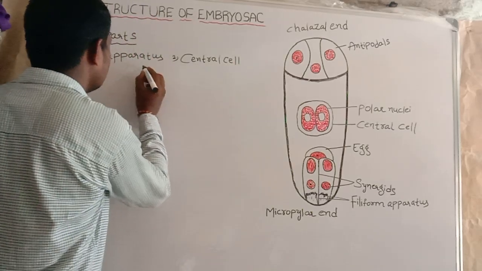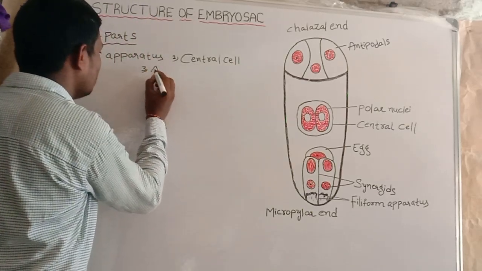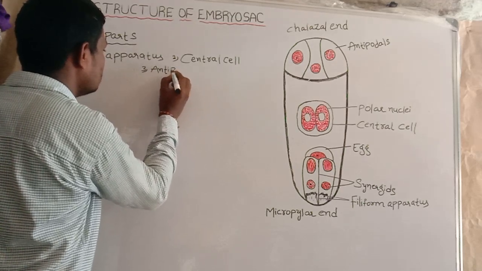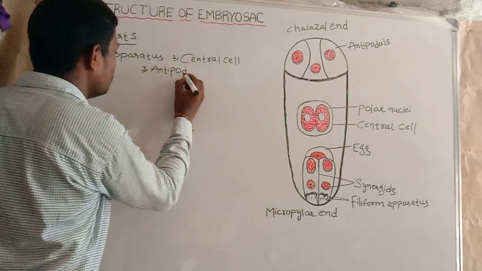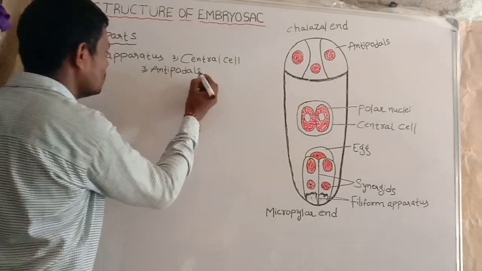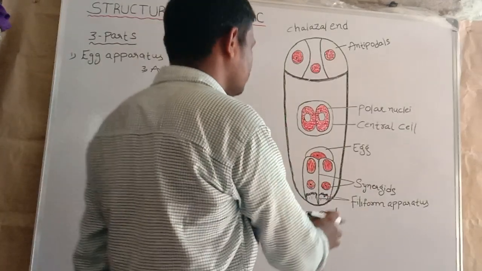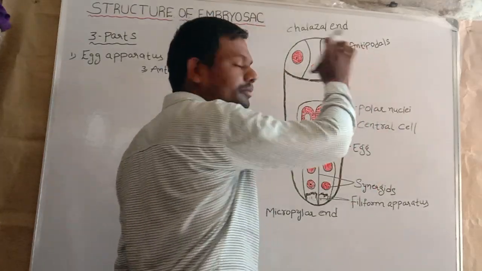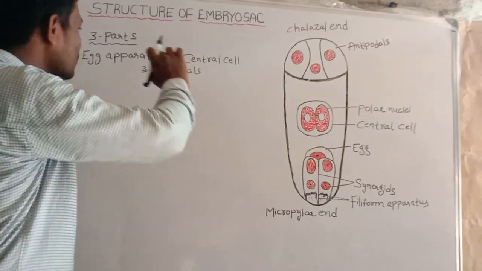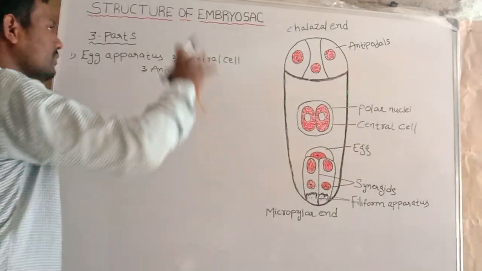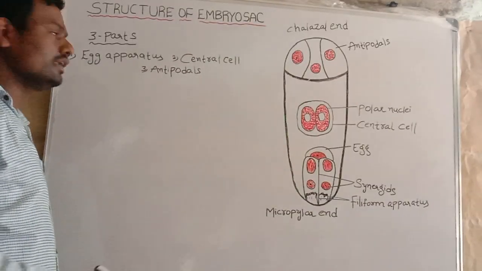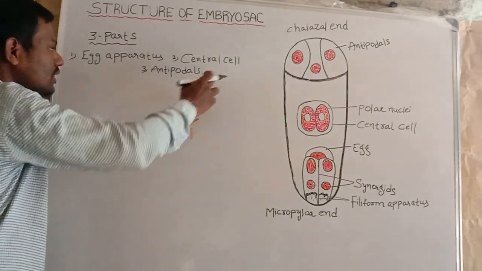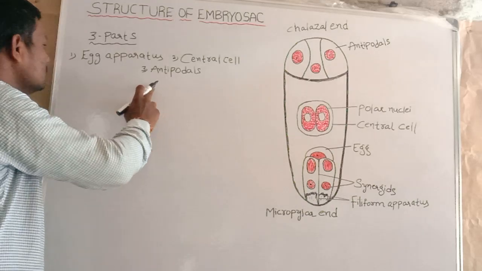And third one, antipodals. The female gametophyte is called the embryo sac, and it contains three parts: egg apparatus, central cell, and antipodals.